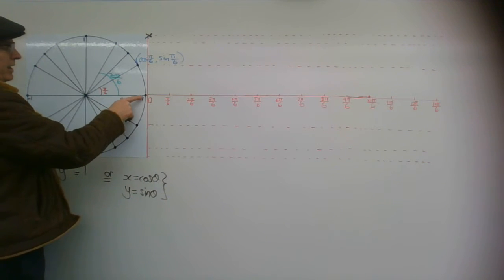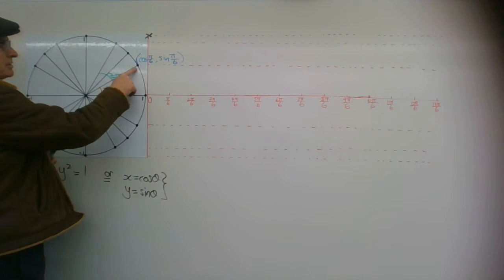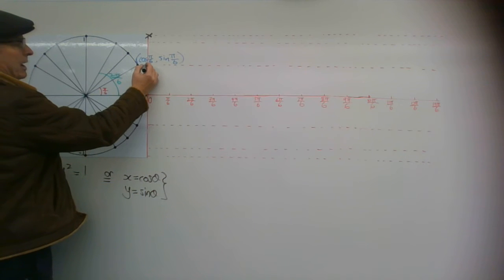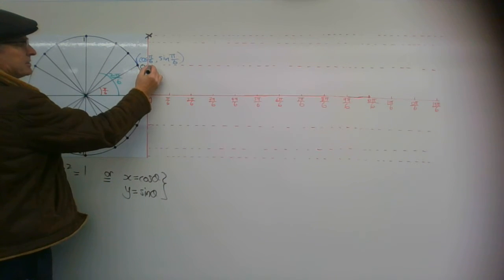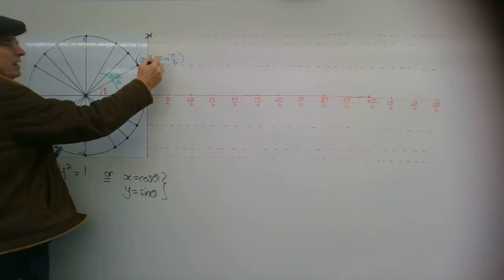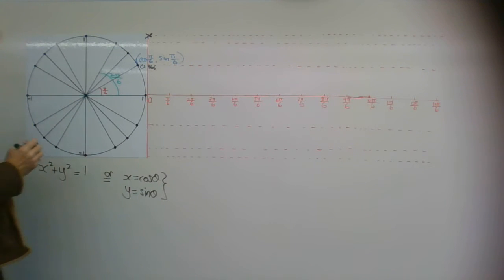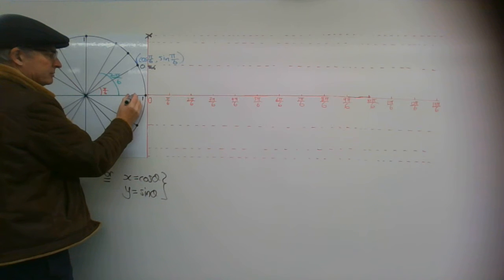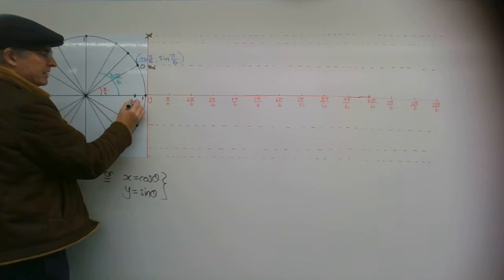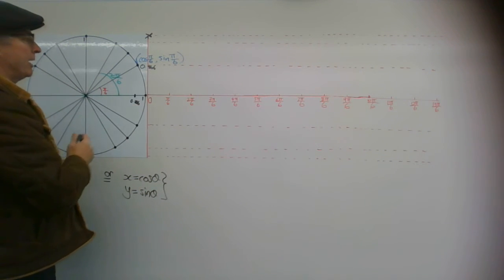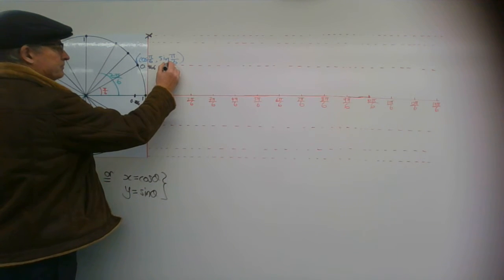Next, when I get round to pi on 6, I get up to about 0.866, this point here, because at pi on 6 it is 0.866 across. So I'm going to plot that there, 0.866 for pi on 6.